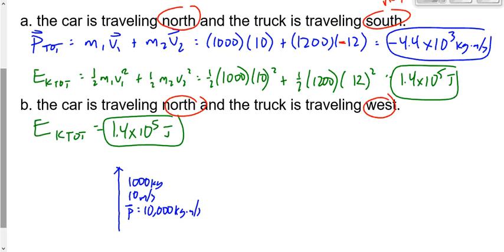We also have a momentum to the west. The mass was 1,200 kilograms. The velocity was 12 meters per second. And the momentum was 1.44 times 10 to the, what would that be? 4?